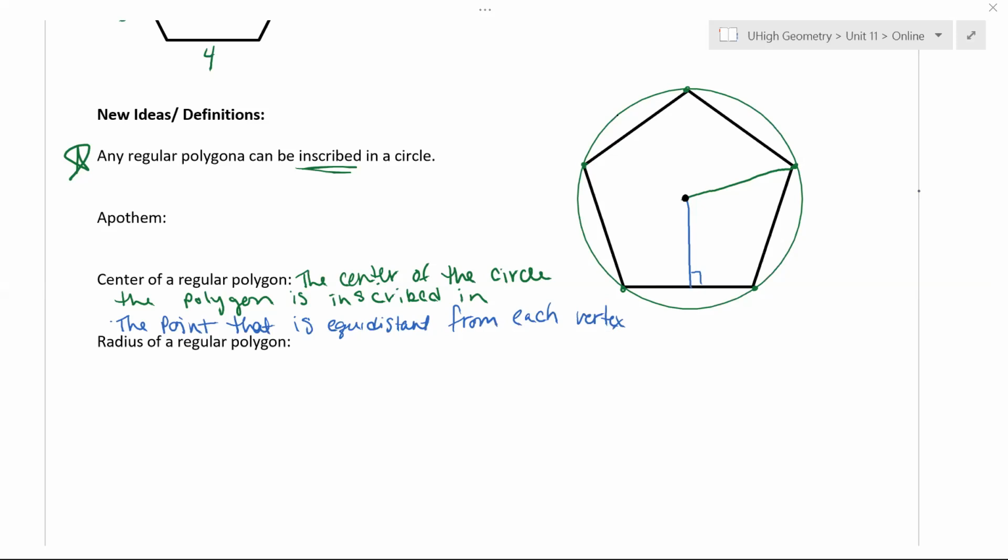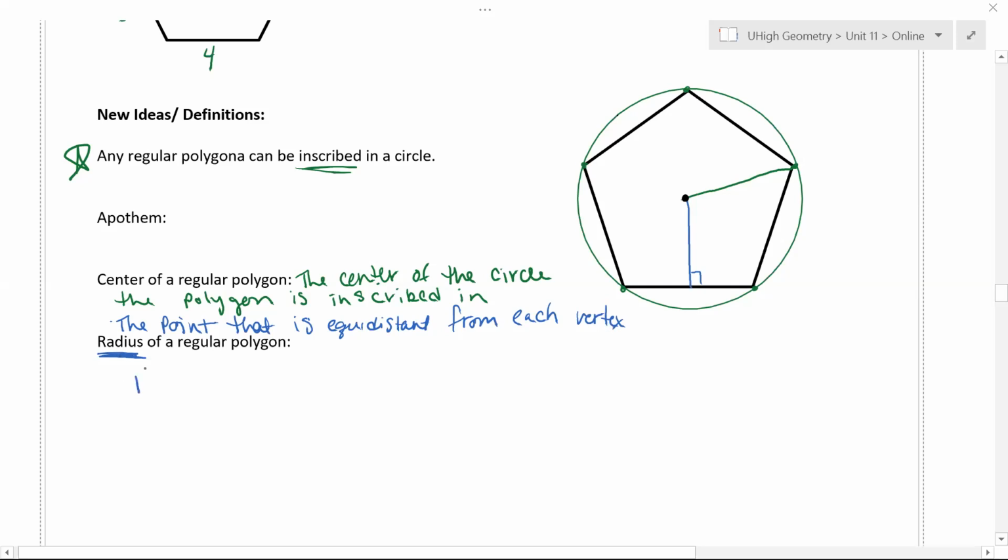All right, the next thing that I want to talk about is the radius of a regular polygon. So radius, hopefully you guys have seen this word before when talking about circles. A radius of a circle goes from the center of the circle to that outside point. Well, the same thing is going to be true for a regular polygon.